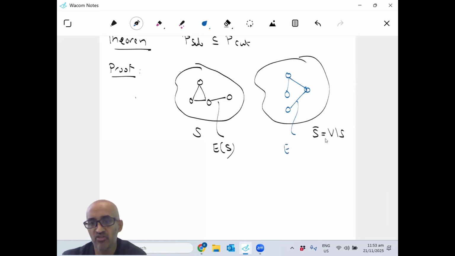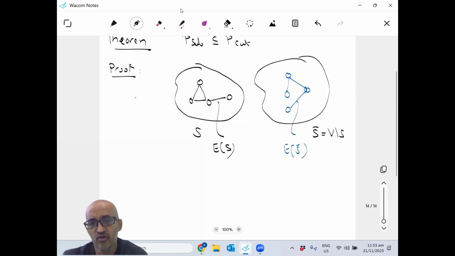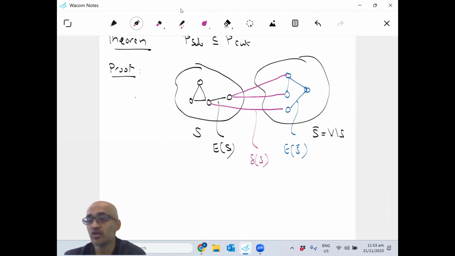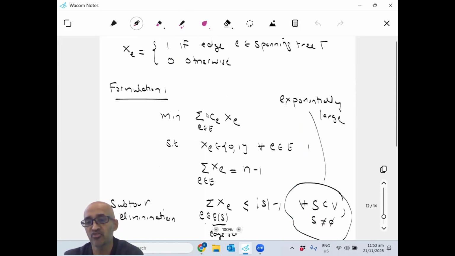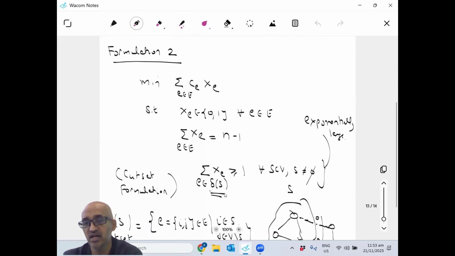This is E of S bar. And then I'm going to have edges that go across my graph from S to S bar, something like this. All of these are delta of S. These two, E of S and E of S bar, show up in the subtour elimination formulation. Delta of S shows up in the cut set formulation.